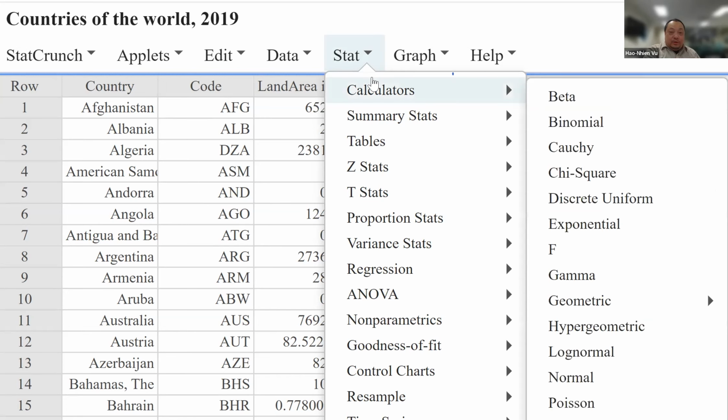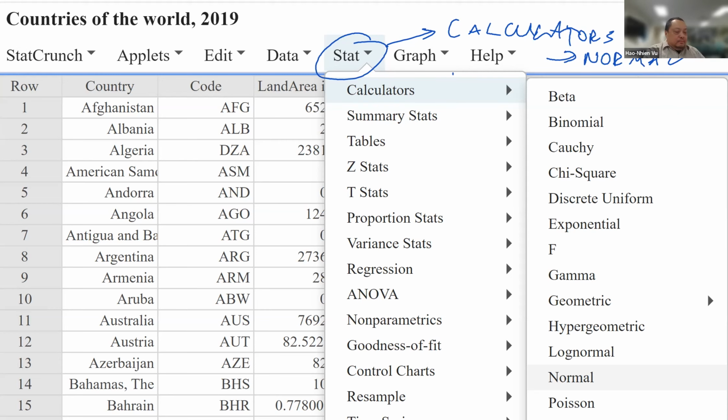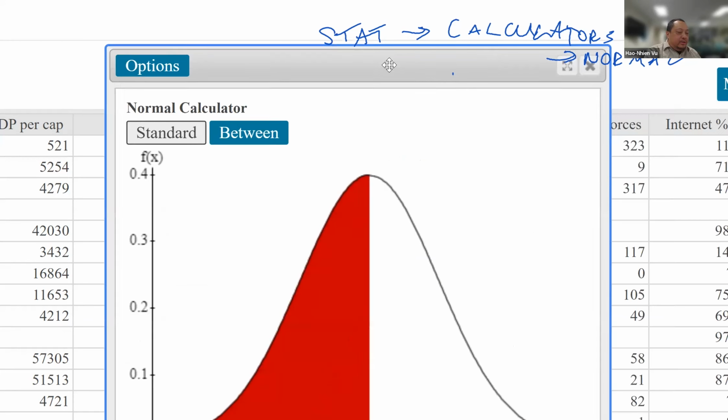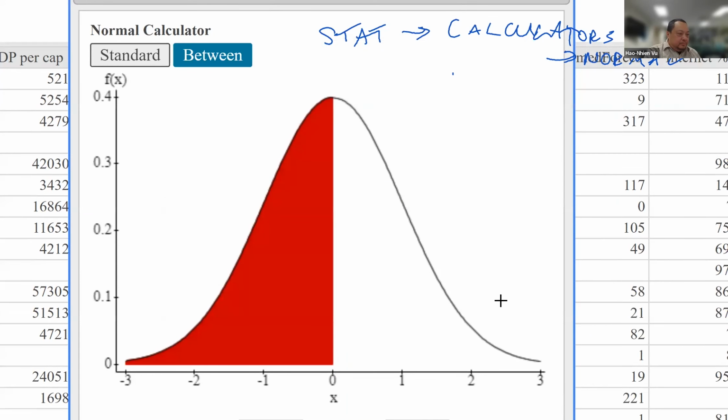Stat, calculators, normal. Click on normal, and you get this thing.